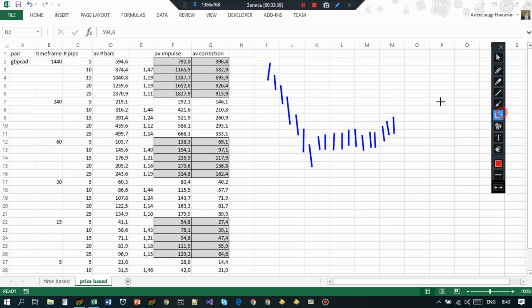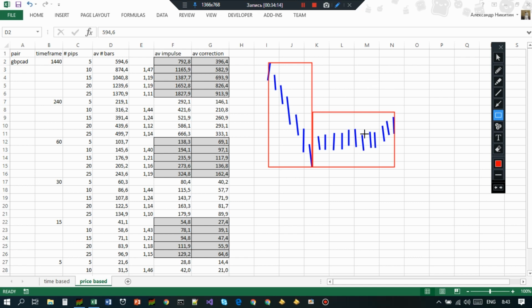Although the distance from here to here you traveled very fast, from here to here you traveled very slowly. All impulses in time are typically twice shorter than corrections, or they are equal. On some markets they are equal, and sometimes they are twice shorter.